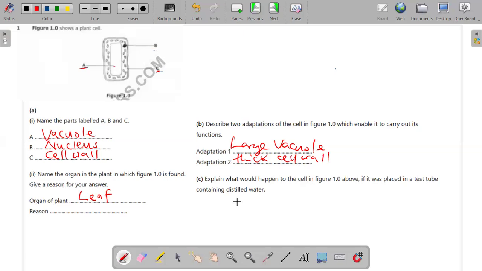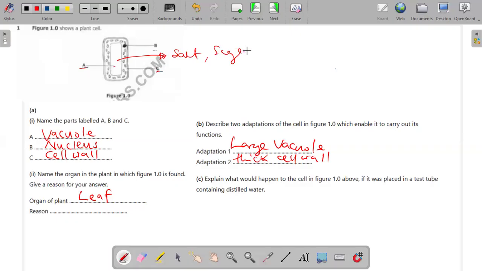So if you place this cell in distilled water, what would happen? The cell would take in the water by osmosis. And that is because this vacuole, which is filled with cell sap, as we said, has salts and sugars and all.